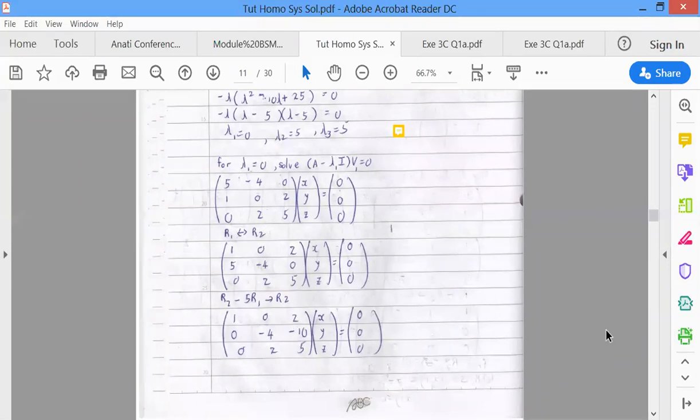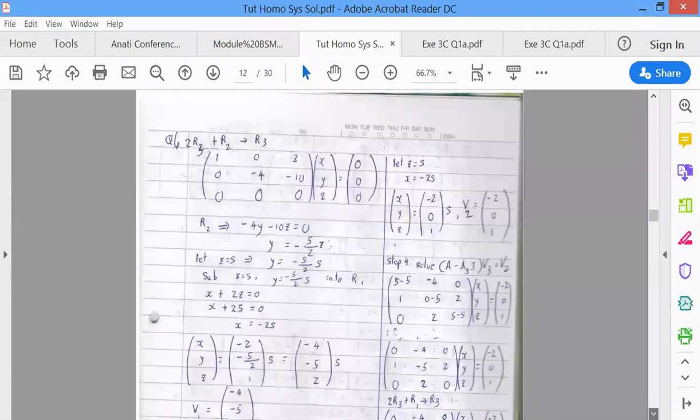Then you can cancel row 3, or reduce the cell A3 to become 0 using the row operation that I did here. So from row 2, we have negative 4y minus 10z equals 0, or y equal to negative 5 over 2 z. If you let z be s, then y is negative 5 over 2 s.